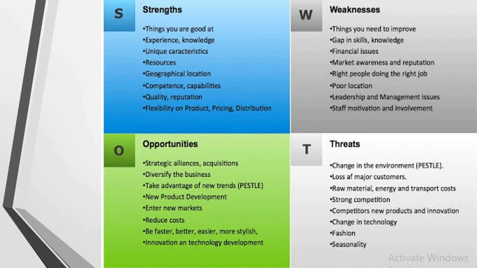Then comes the weakness of the company or the weakness of the organization, which is the different activities or the disadvantages which create problems for the growth and policies of the organization.